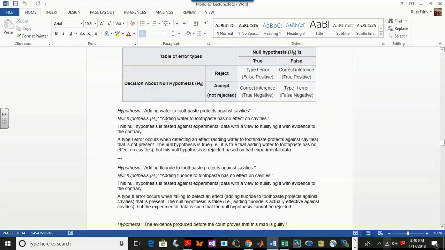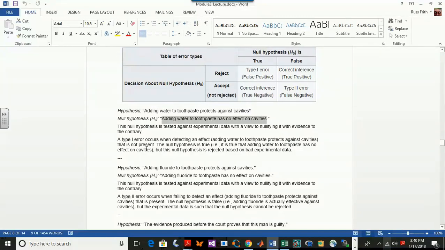If the null hypothesis is false and you reject it, then you're okay. But if you accept this fact that adding water to toothpaste has no effect on cavities, then you committed a type 1 error.